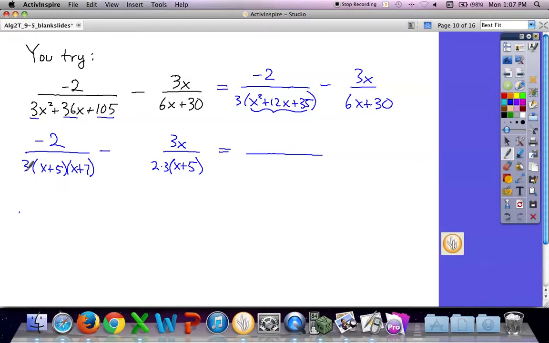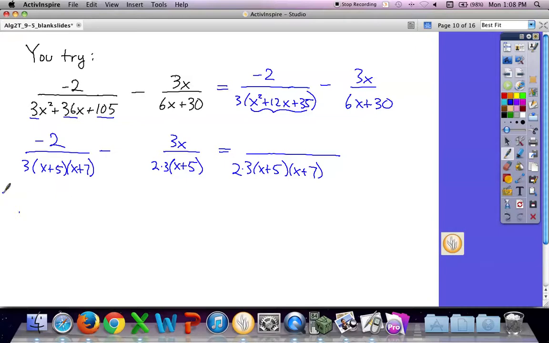Okay, now the factors from the first denominator will be 3 times x plus 5 times x plus 7. The second denominator is 2, and I think that's about all it contributes that wasn't already there. So there's our least common denominator.